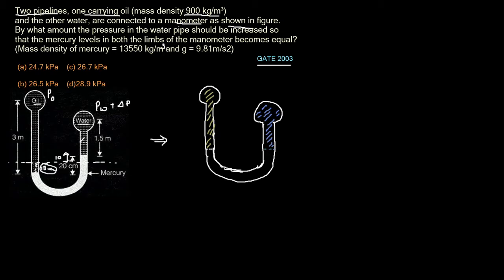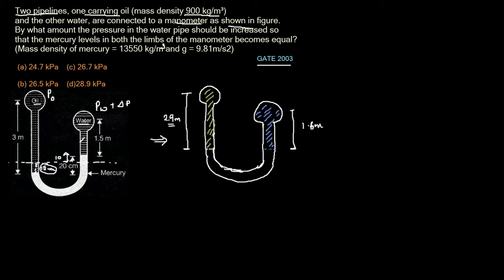So this height will be essentially 2.9 meters. That is 3 meters minus 10 centimeters, and 10 centimeters is nothing but 0.1 meters. So 3 minus 0.1, that is 2.9 meters. And this height will be 1.5 plus these 10 centimeters, that will be 1.6 meters.